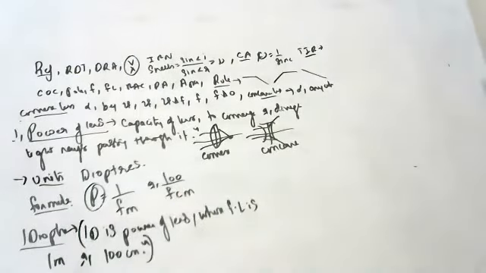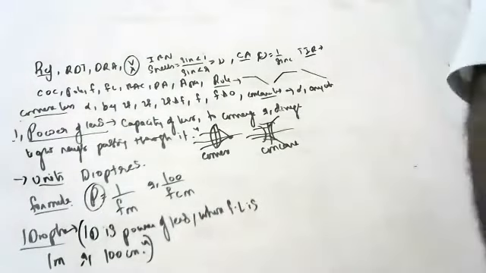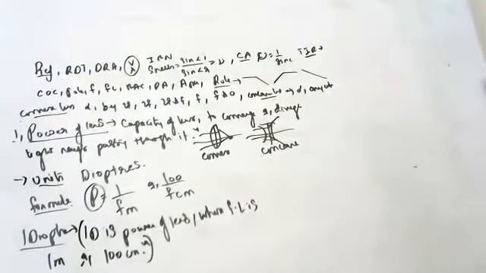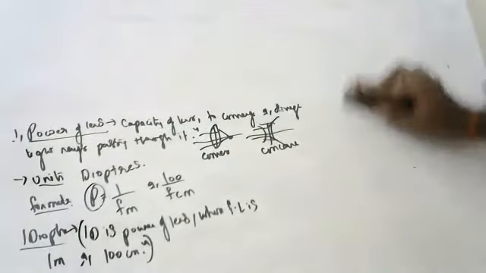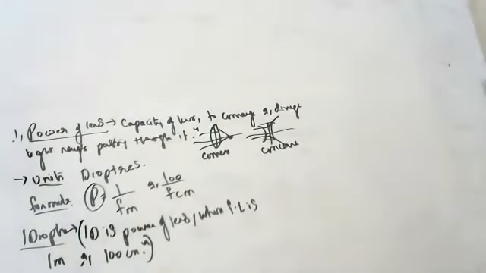Sujit, can you repeat? 1 diopter is power of lens whose focal length is 1 meter or 100 centimeters.